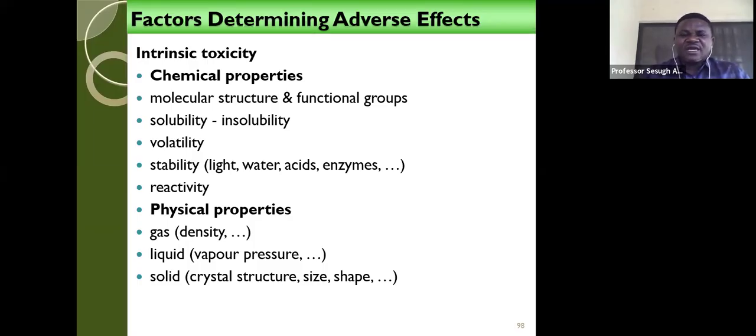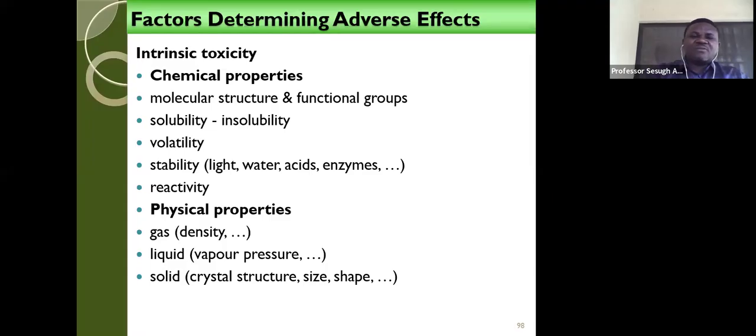But if you have the one that has less chlorine atoms, it will be easier for it to be broken down. But mind you, that chlorine is very toxic when you find it attached in any molecule. I know what chlorine can do, from hydrogen chloride, so to speak.